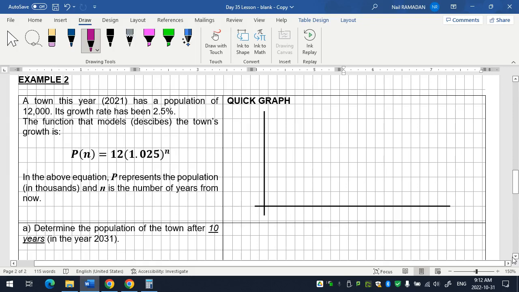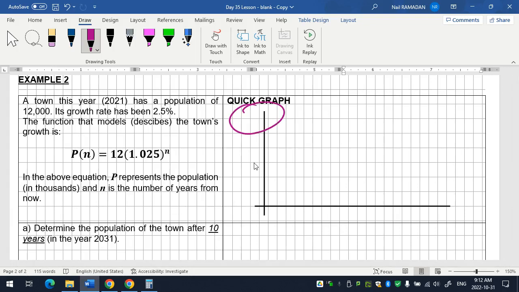Okay, everyone, let's sketch a diagram. What's my vertical axis? Which one is my vertical axis? Right there. What's the letter here? P. Thank you. It's pop. It's whatever is here. So that's a P. What's this one? N. Do you remember what N was in the problem we did on Friday?